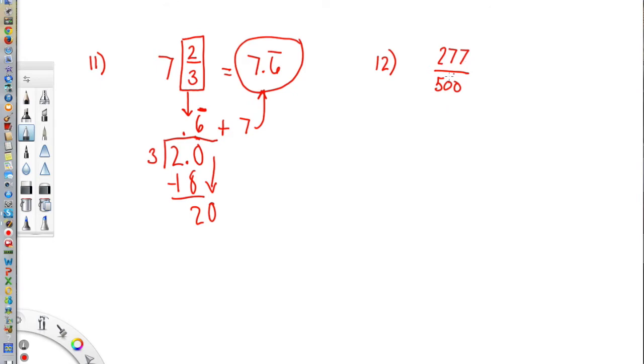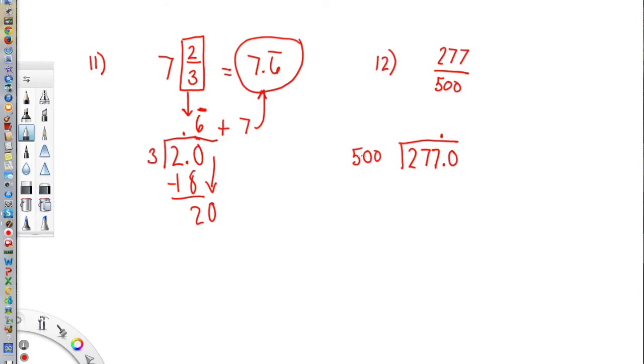We have 277/500ths. Once again, we take our numerator, our first number, 277, and we have to divide it by 500. 500 will not go into 277, but it will go into 2,770.